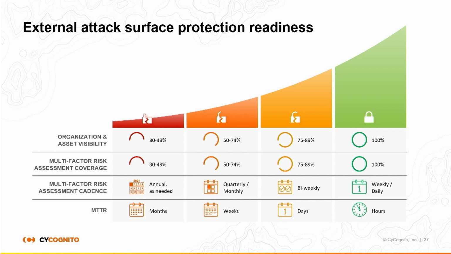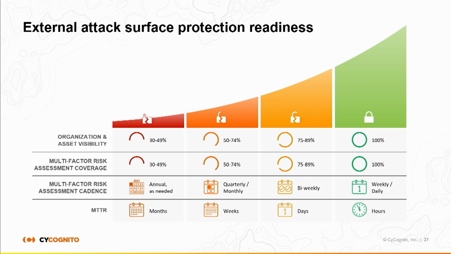And with a good attack surface management solution like CyCognito, they can get much more into the green at the same kind of cost. So they're getting hours of mean time to repair. They're getting multi-factor testing and coverage for the same cost or even less cost.